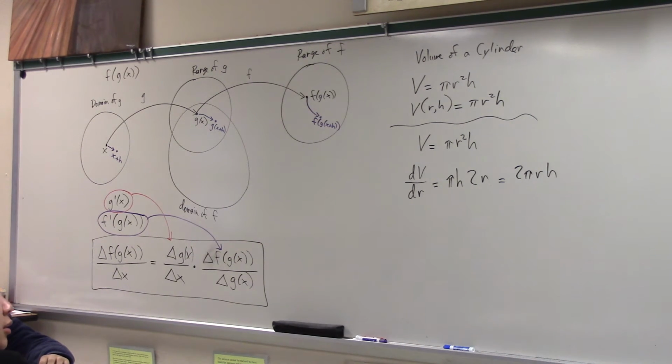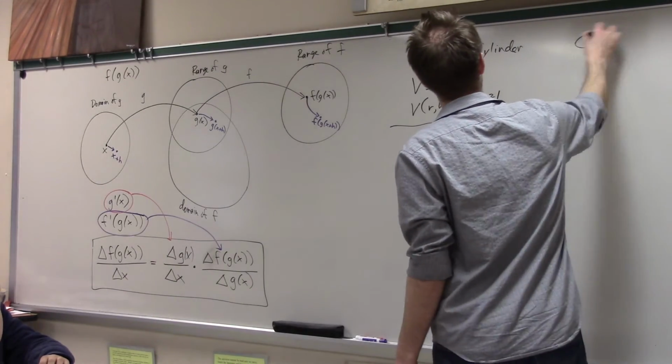Does this sound familiar to anybody? You guys all passed the SATs and stuff, right? 2 pi r h. What is that? Surface. Yeah, that is the so-called lateral area of a cylinder.